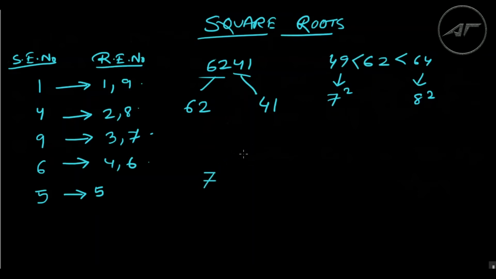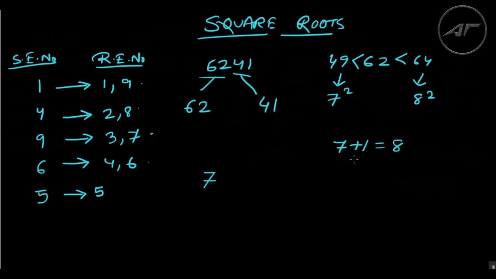Now we have to find the other digit which will form the complete root. In order to find that, take the number you just found, which is 7, and add 1 to it, which is 8.